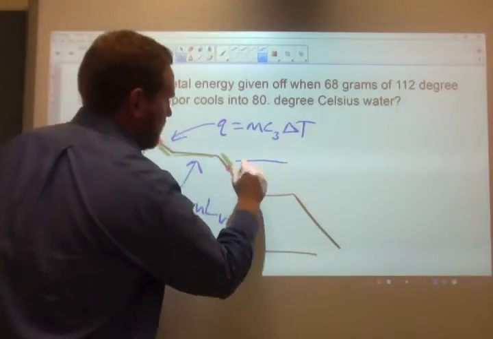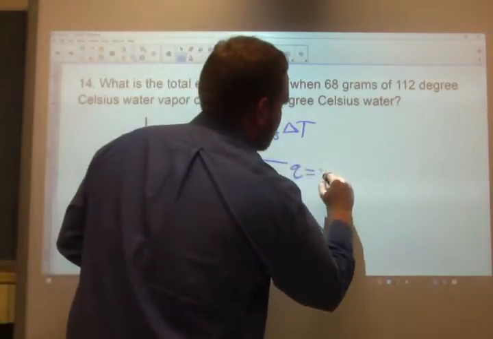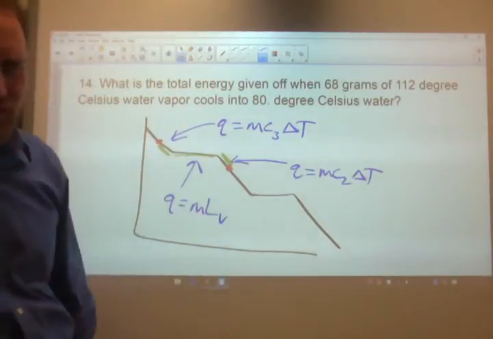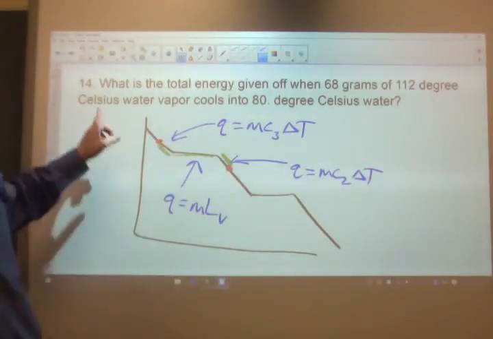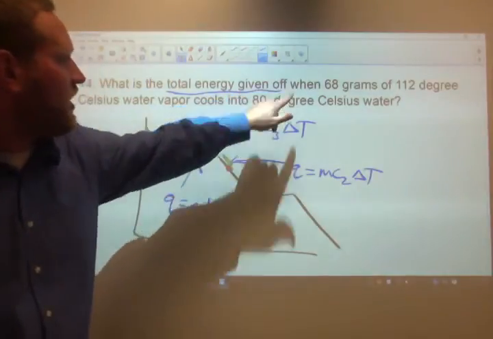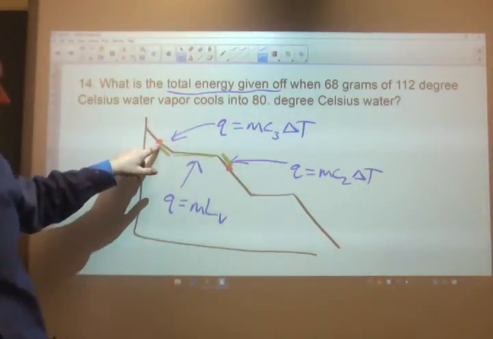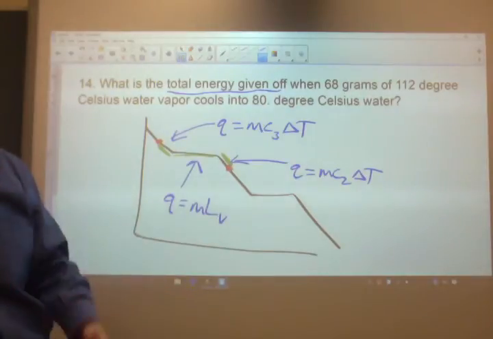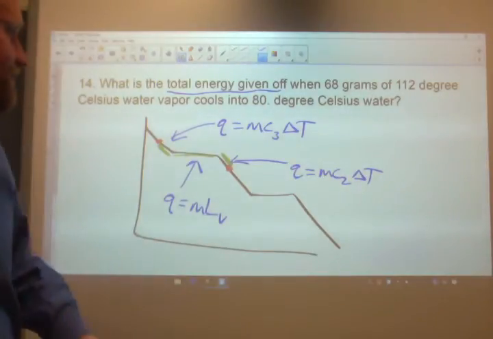Third formula, Q equals mc2 delta T. Each step has its own formula. We're looking for the total energy given off, so find this much energy, find this much energy, find this much energy, add all 3 together. That's going to be our problem.